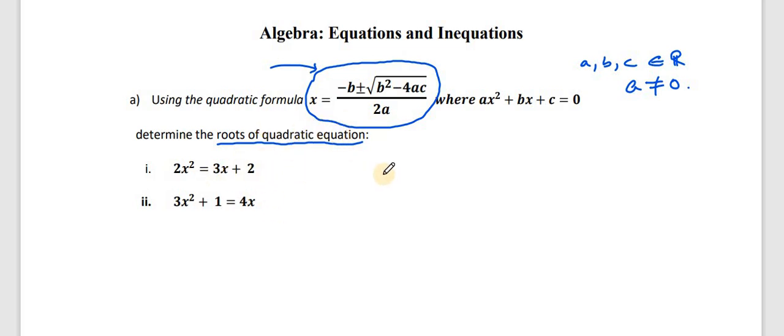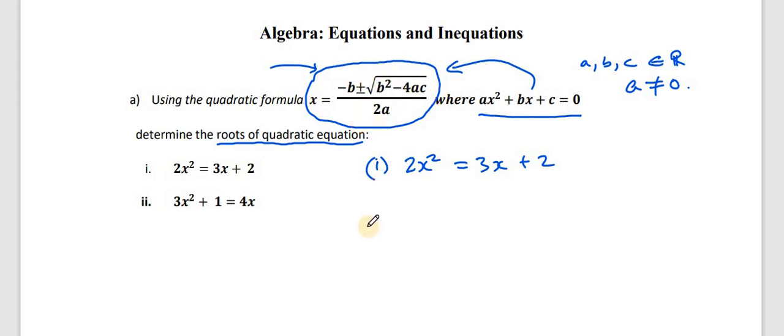Let's look at the first one, 2x squared equals 3x plus 2. What you want to do is have the equation equal to 0. Why 0? So that we can put it in the quadratic formula. So we must have it equal to 0. To do that, we need to transpose all the terms from one side to the other so that the expression equals 0.